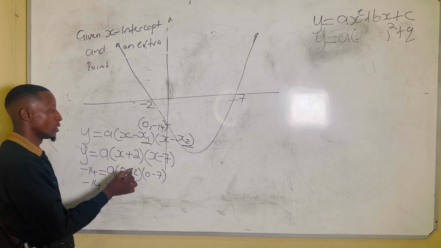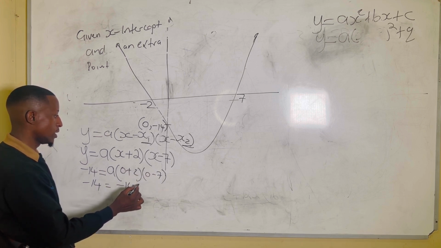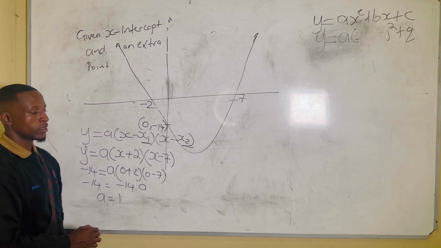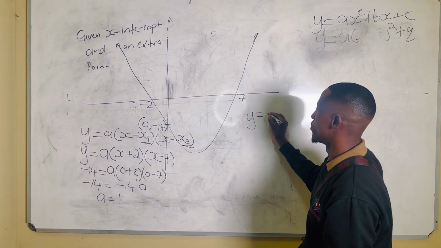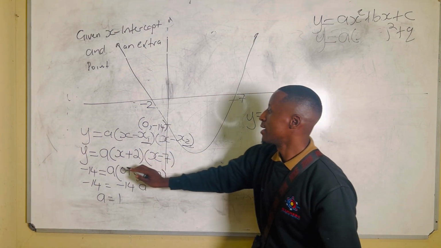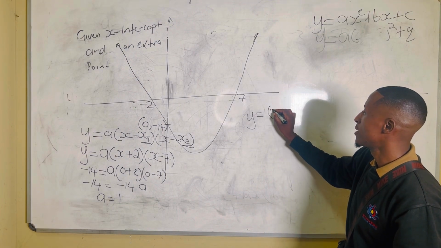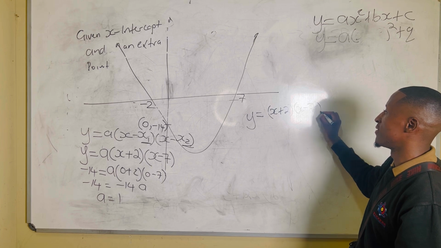This one gives you a 2, this one a 7, and this by this will give you -14a. If you divide both sides, you're going to get your a as 1. So your equation is going to be, wherever there is a, you put a 1. So we know that there will be an invisible 1, (x + 2)(x - 7).